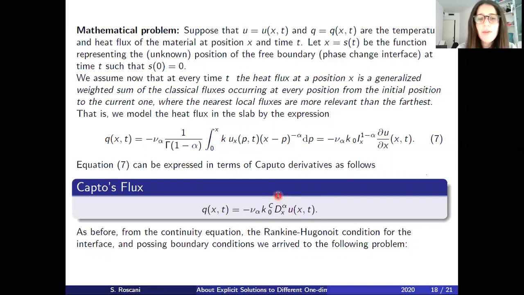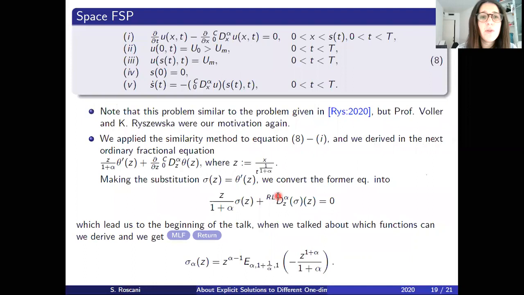If you try to think about it in terms of fractional derivatives, it could be like a Caputo flux. So with the same reasoning, using the continuity equation and Rankine-Hugoniot conditions at the interface, we get this fractional Stefan problem for a fractional space flux. What do we know about this problem? It has already been studied by Professor Rysewska, and our inspiration, and hers too, has been Professor Voller, who posed it a few years ago.